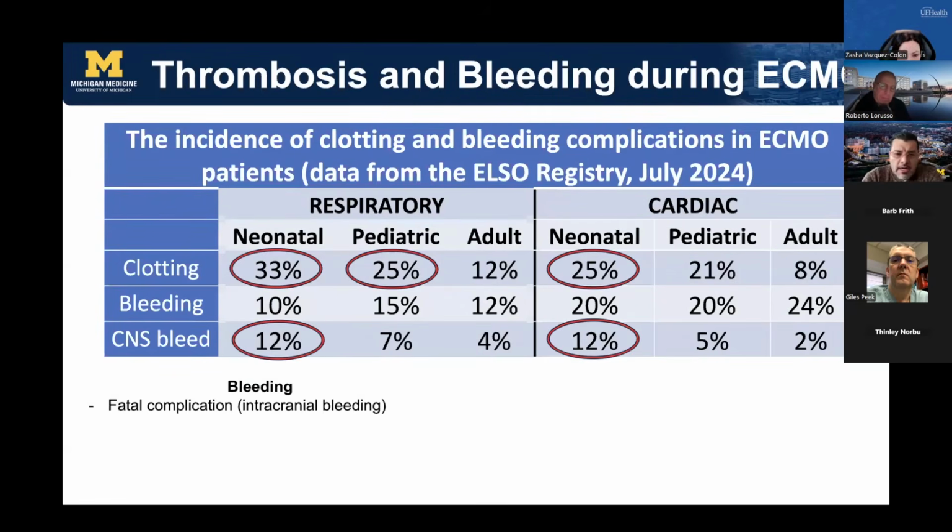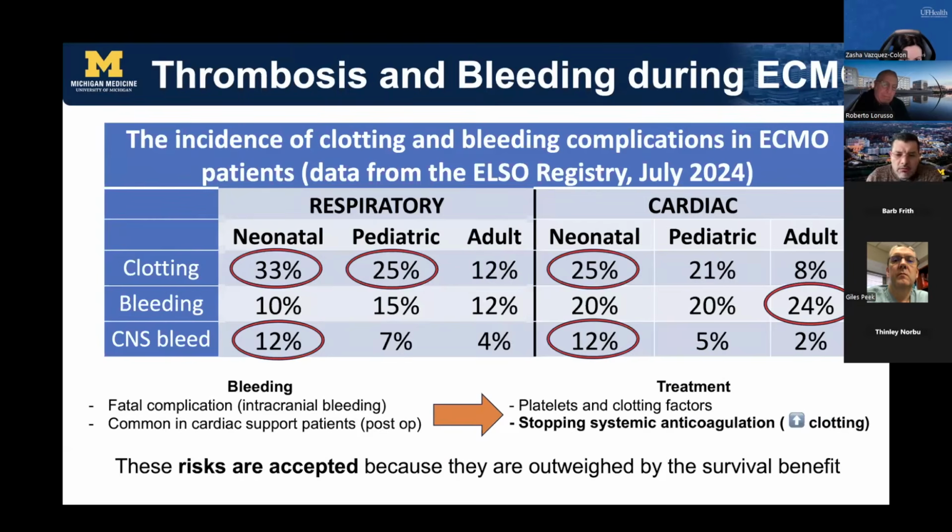Bleeding is also a problem, but primarily it is CNS bleeding. In neonates it occurs at higher and more concerning rates than in adults. However, adult cardiac patients are associated with a high bleeding incidence compared to the other ones, most likely because of the higher flows that need to be used to support these patients.